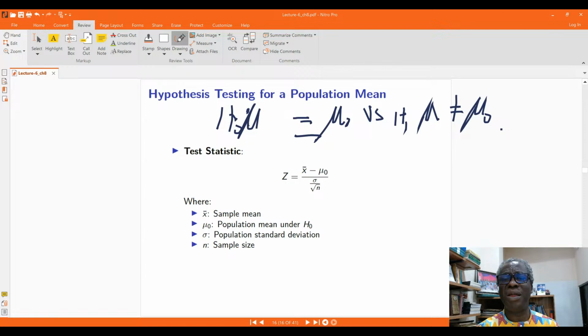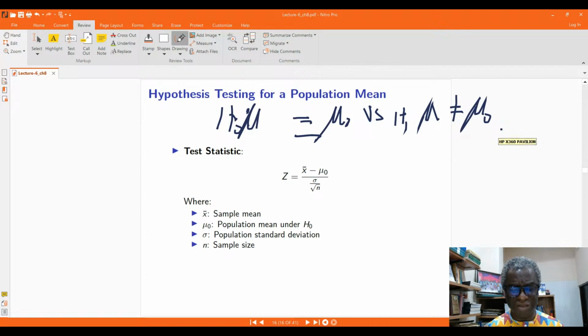You recall that the first step is to formulate the hypothesis. Once the hypothesis is formulated, the next step is to set the significance level, whether 0.01, 0.05, or 0.1.